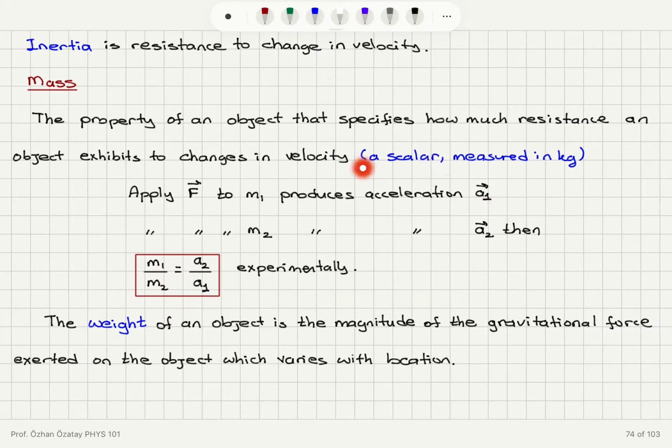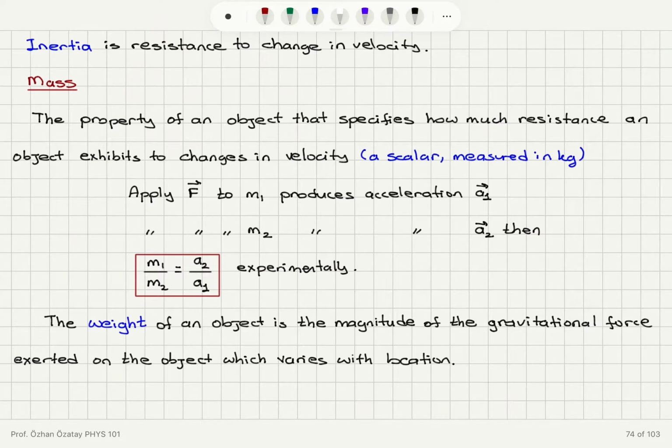It is a scalar quantity, and so it has a magnitude and it has a unit. It doesn't have a direction. So the mass is defined by the effect of the force on the object, actually. So if you apply a force on mass 1, it produces an acceleration a1. If you apply the same force to mass 2, it produces an acceleration a2.